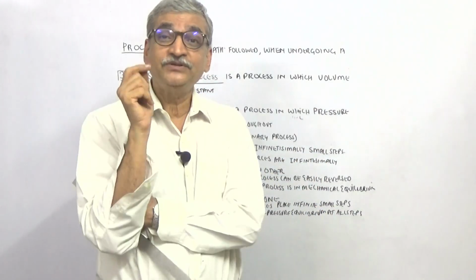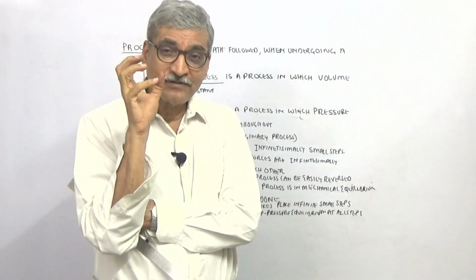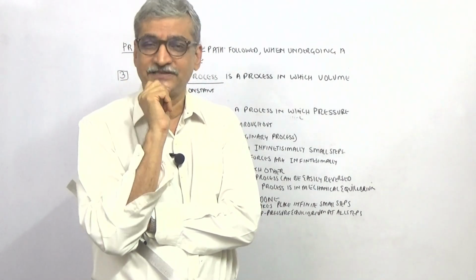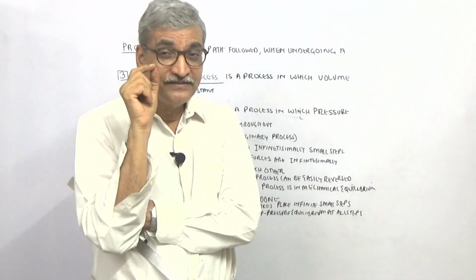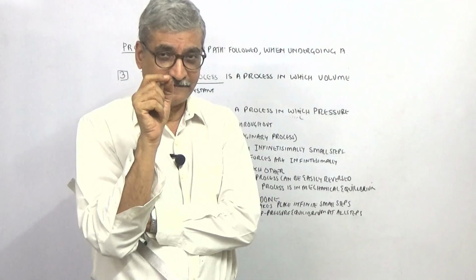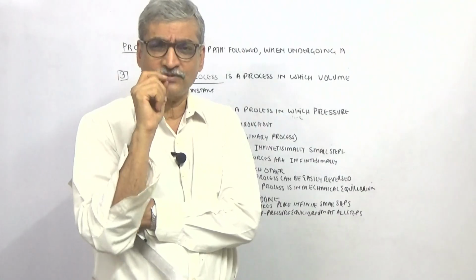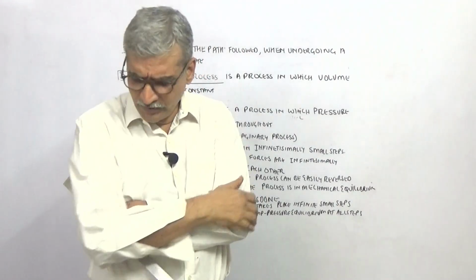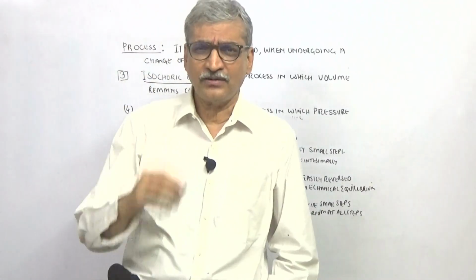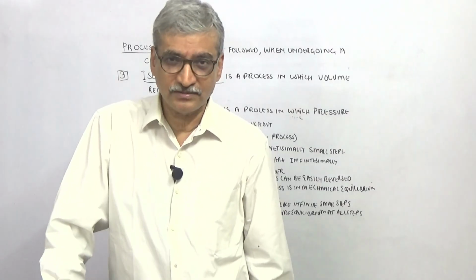So we use a mathematical principle and derive an equation: if this engine was working in a reversible process, in infinitesimally small steps, the piston moving 0.001 micron at every step, then it would have achieved maximum work.